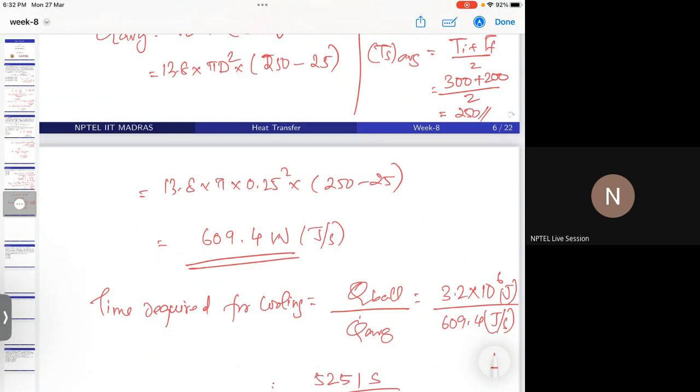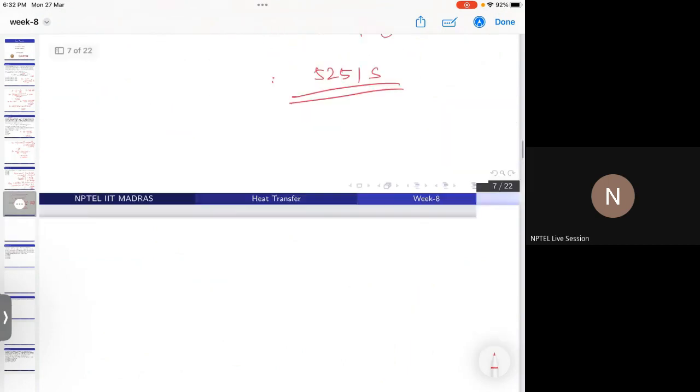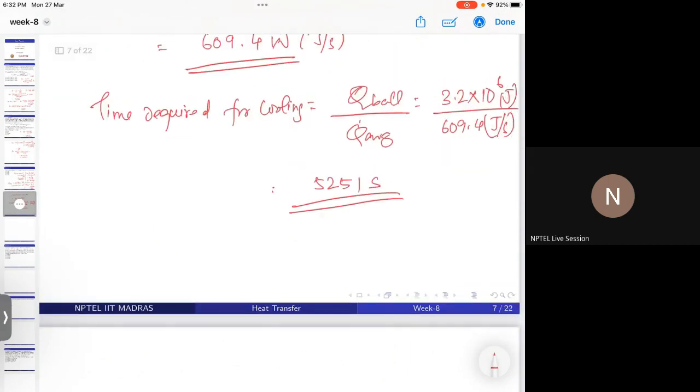I just calculated it will be around 650 joules per second. So accordingly the time required for cooling will reduce. So that is one way.